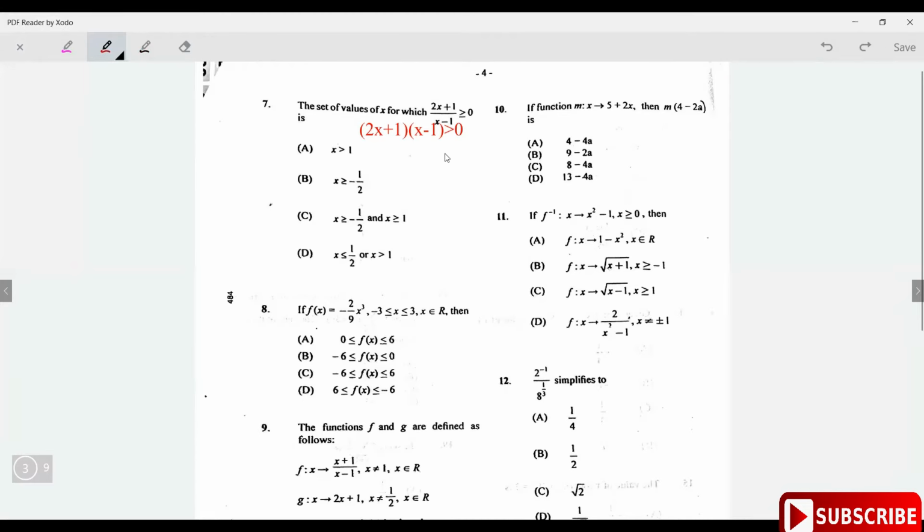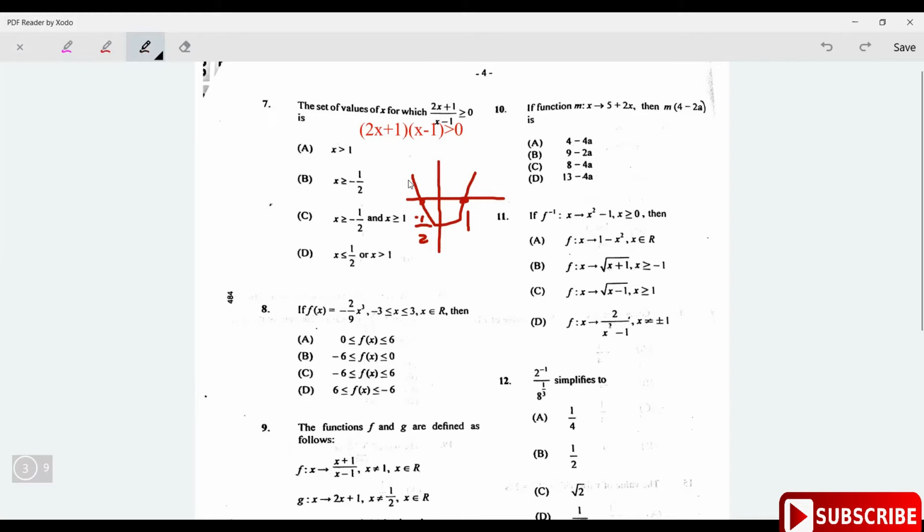Then you do what you're supposed to do, you sketch your graph. You know the roots are going to be minus a half and 1, something like this. That's negative a half, and 1 is somewhere over here. And you're outside the roots.